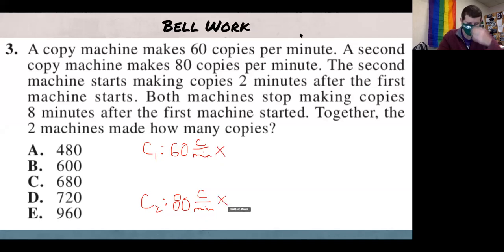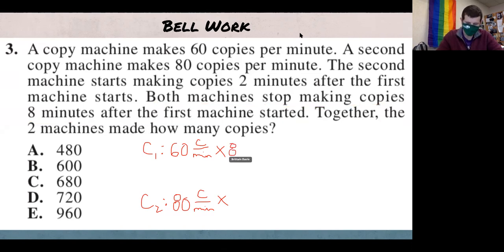Now, it says the second machine starts making copies 2 minutes after the first machine starts. Both machines stop making copies 8 minutes after the first machine started. So how many minutes did the first machine run? 8. You can see right here in this sentence, if they both finished 8 minutes after the first machine started, the first machine was running that full 8-minute time.